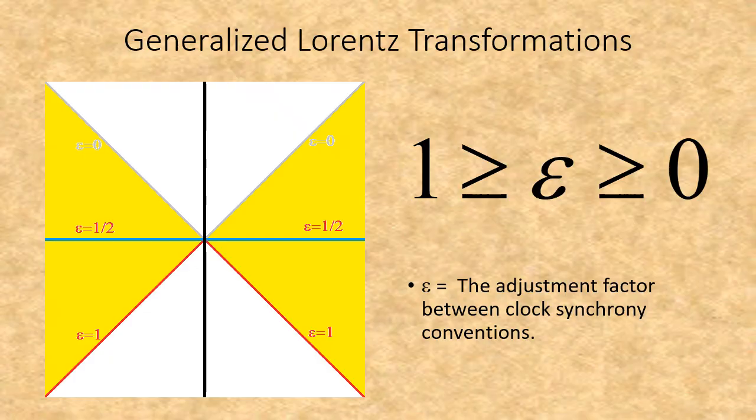The key to these clock synchrony conventions is the adjustment factor, epsilon, which can have a value from 0 to 1. It covers the entire range from the surface of the past light cone to the surface of the future light cone. This yellow arrow not only represents the range that can be considered now, but also based on the shift resulting from different frames of reference. That means that there is nothing here outside the realm of standard relativity.